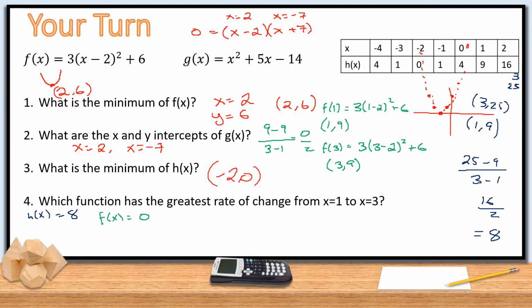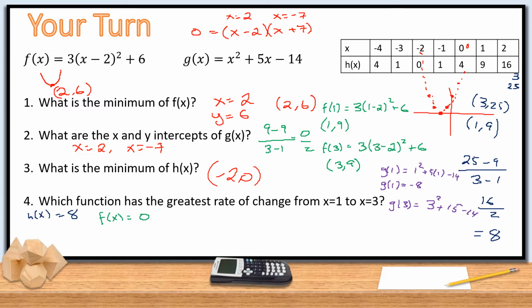And then the last one is g of x. So g of 1 is going to be 1 squared plus 5 times 1 minus 14. So 1 plus 5 is 6. 6 minus 14 is minus 8. So minus 8 goes with g of 1. And then g of 3 is going to be 3 squared plus 5 times 3, which is 15, minus 14.